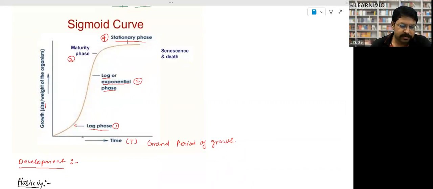So this is the axis of time and growth, or size or weight of the organism. So that's how the growth takes place.